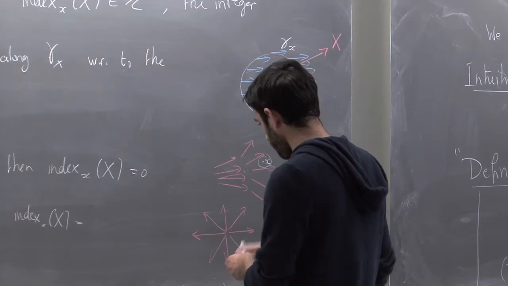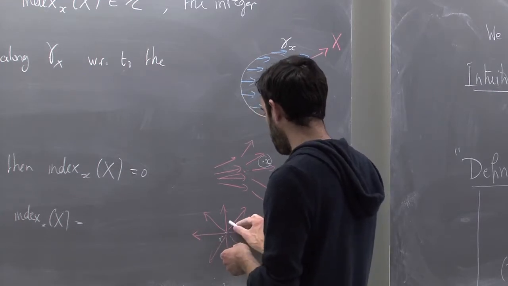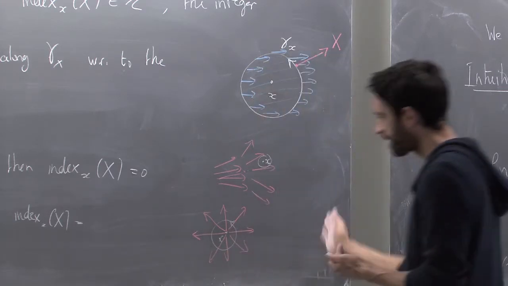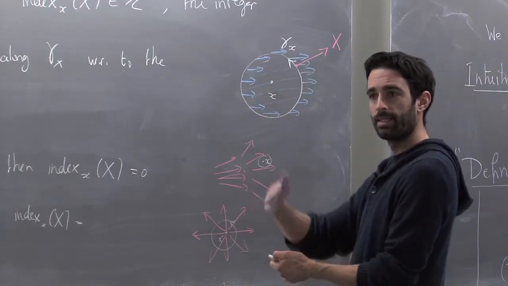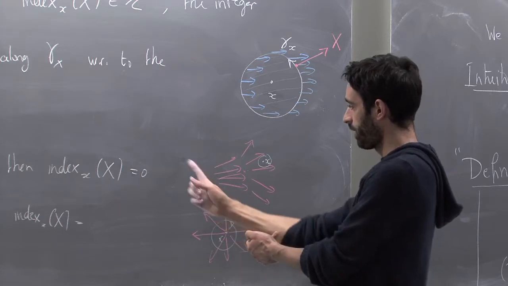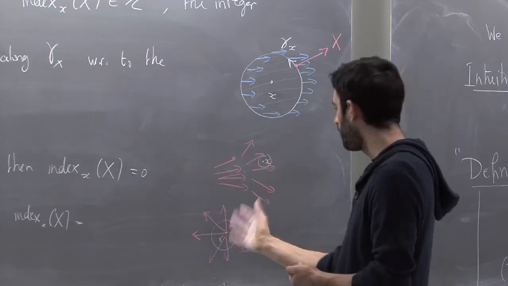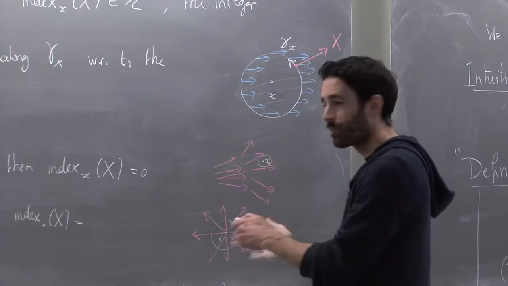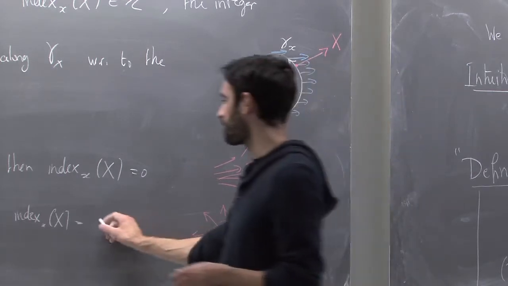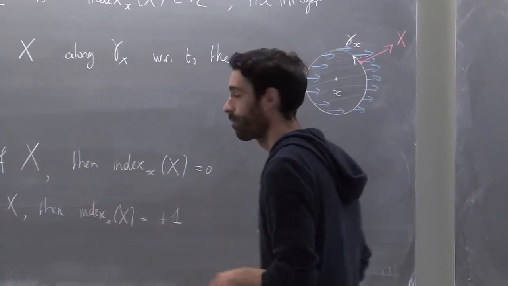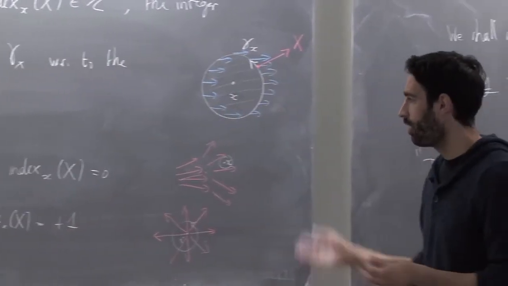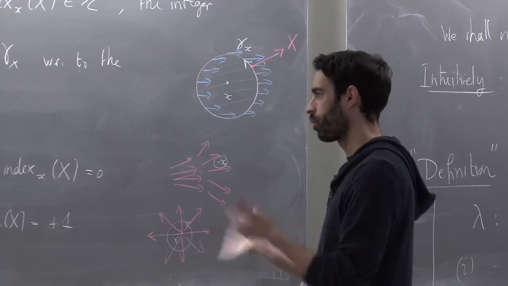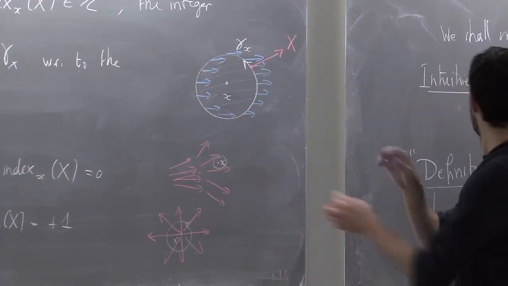I have x, which is here in the middle, and I look at a small disk, and you just go around this disk, and you see that this vector field turns once in the trigonometric direction with respect to a constant vector field. So here the index is +1. Okay? If you look at the sink, it's the same, it's +1. Then, anyway, you can have various configurations.